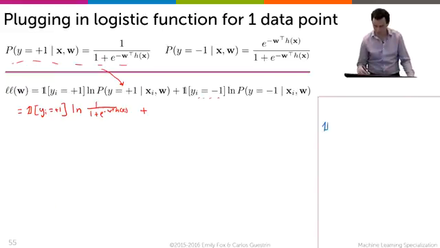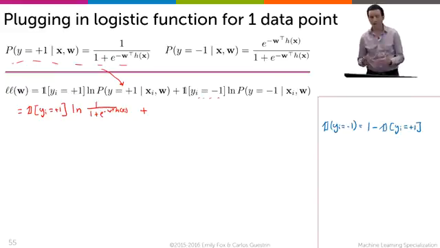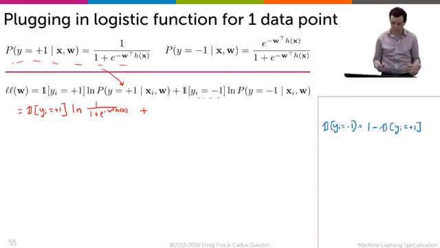Let's remind ourselves that the indicator that yi is equal to -1, which takes value 1 when yi equals -1, can be written as 1 minus the indicator that yi is equal to +1. If you think about it, if yi is -1, then the left side here is 1, and the right side is also 1. If yi equals +1, the left side is 0, and the right side is 0.